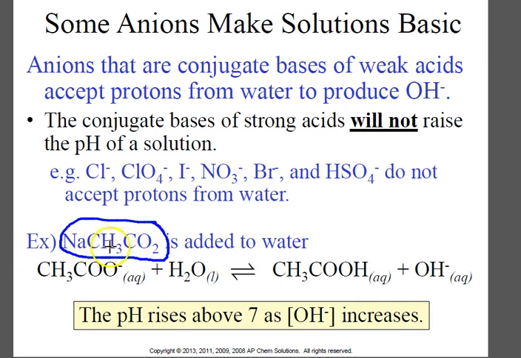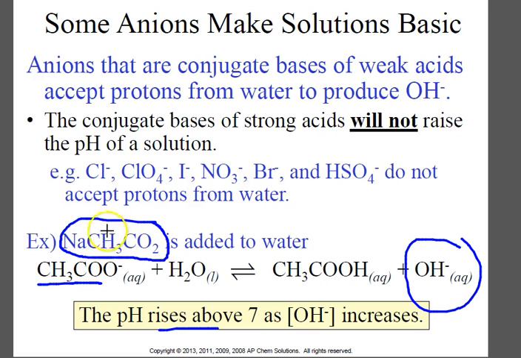Acetate is the conjugate of acetic acid. Acetic acid is a weak acid, which means acetate could also act as a pretty good base. So acetate, just the ion, could react with water to pick up a hydrogen, and when it picks up the hydrogen off of water, it will leave us with hydroxide ions. If we're making hydroxide, that's going to make the pH go up.